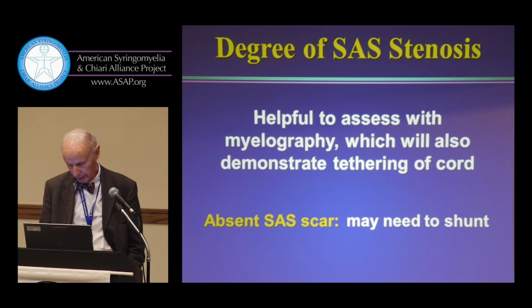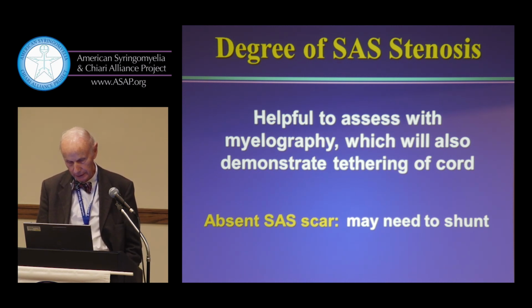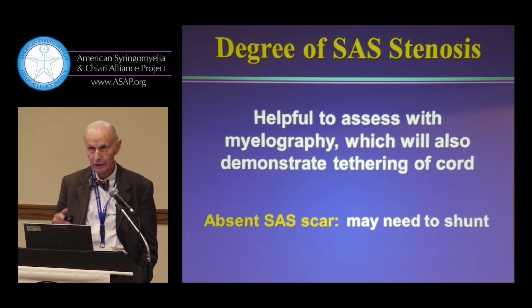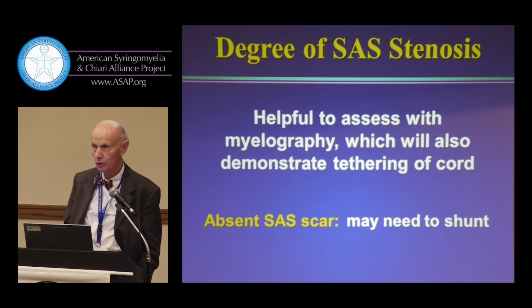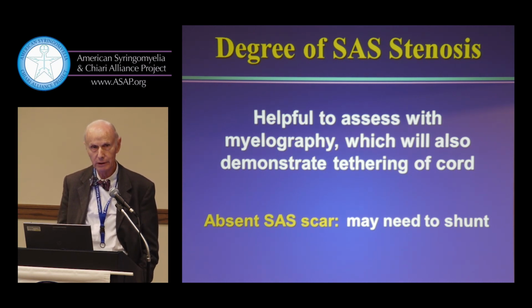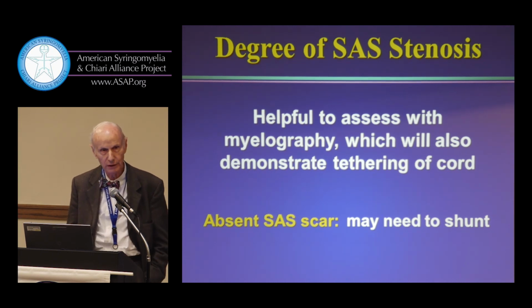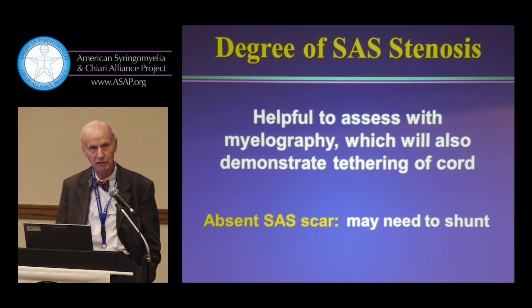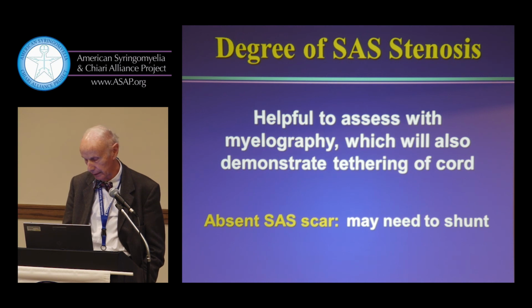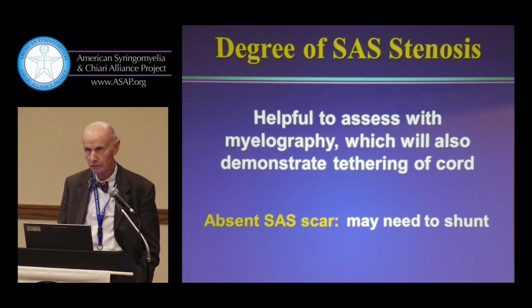I've already talked about this in a way, but let me just say that sometimes there are patients where we cannot define a subarachnoid scar even with myelography, and particularly, as you'll see in a moment, if the subarachnoid stenosis extends over a wide area, we have no alternative, at this time at least, except to shunt these people.